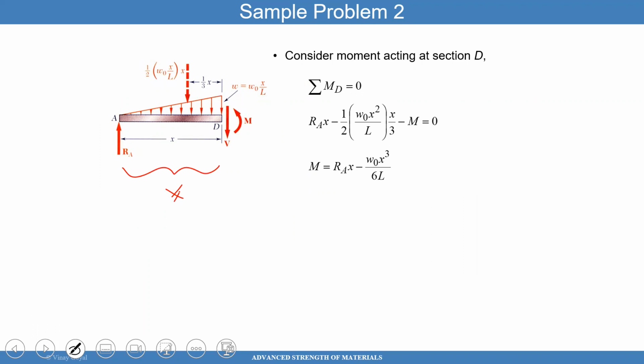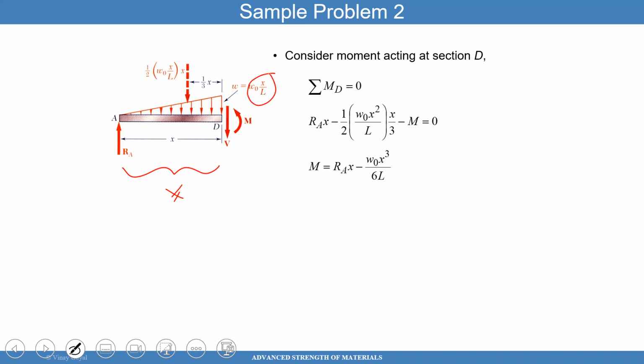And so now you have to figure out for that triangle, the amount of force due to that triangular distribution is the area. The height at a distance x is W naught times x over L, and the width is x.